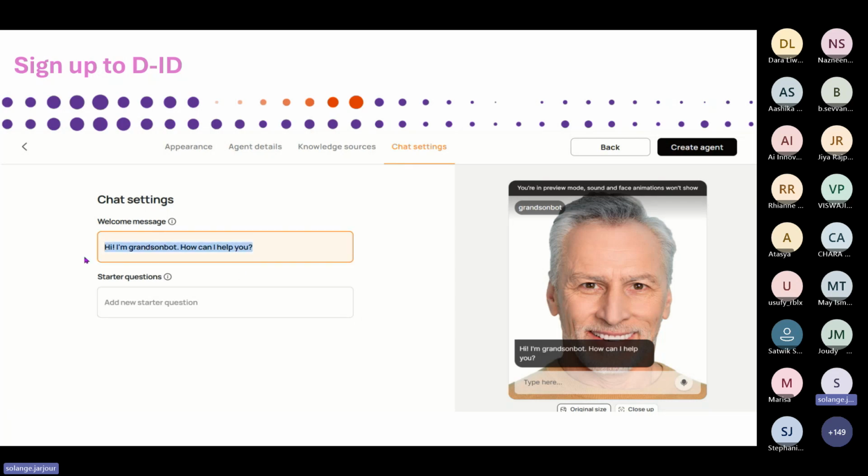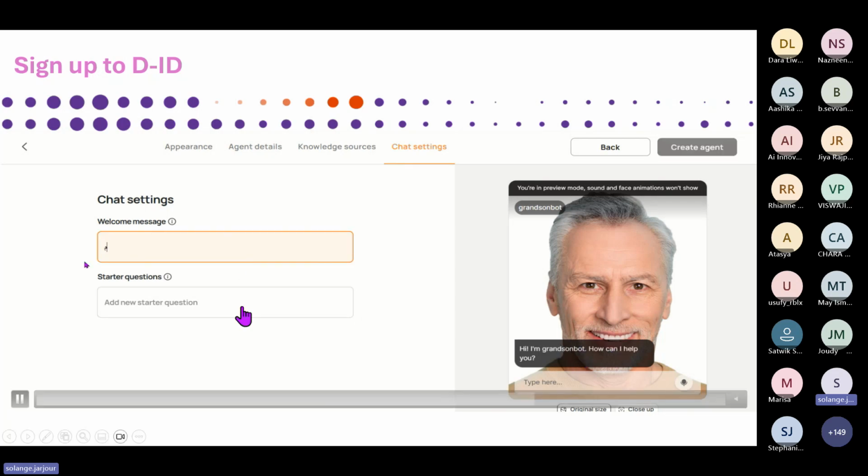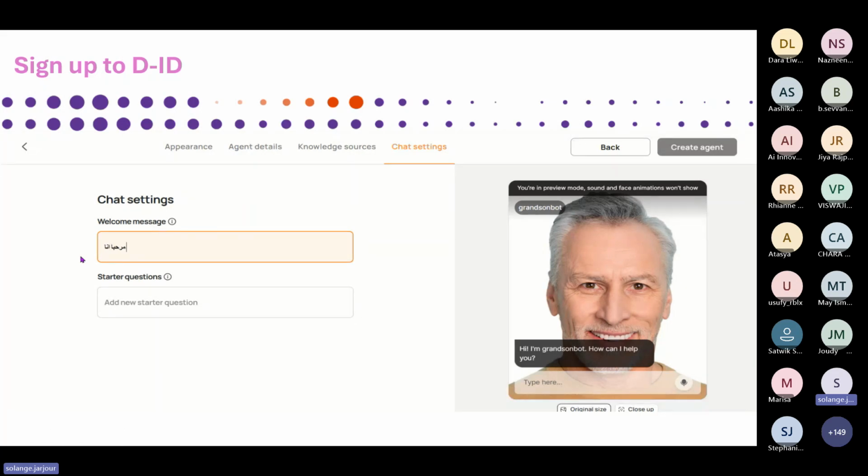Now, for the welcome message, this is the welcome message. You can customize it. You can write it in Arabic, you can write it in English, anything that you need. And this is where we are able to customize the chatbot. Okay, so I said, hello, I'm the grandson bot.